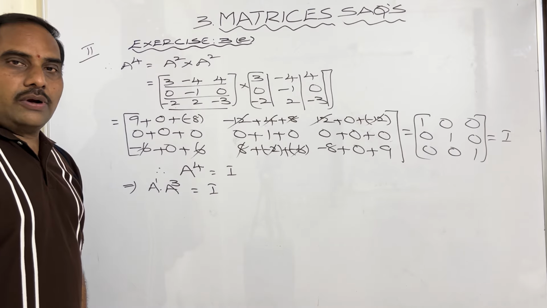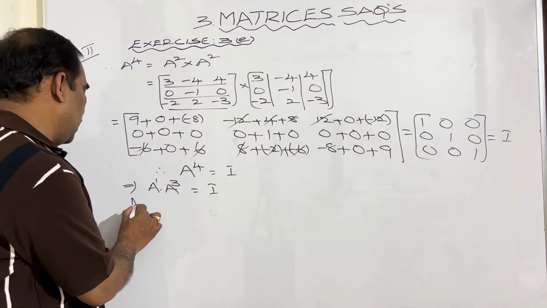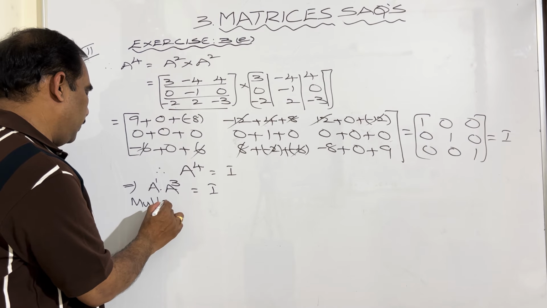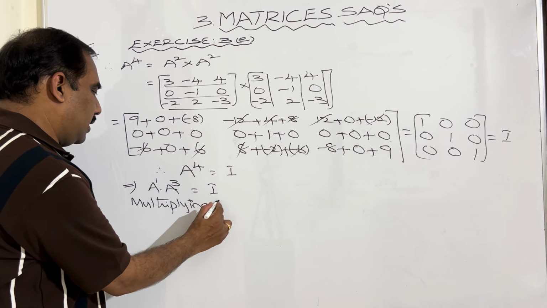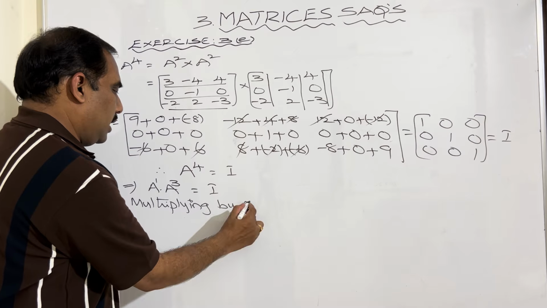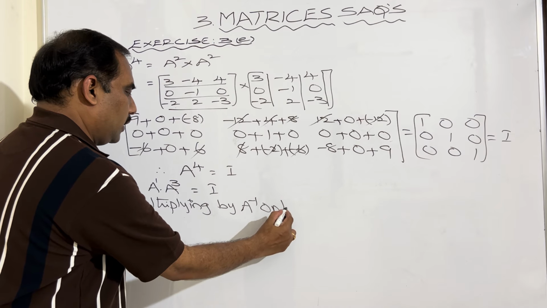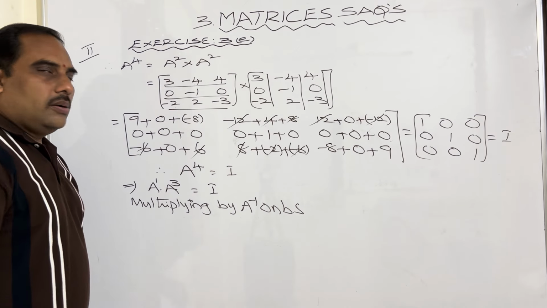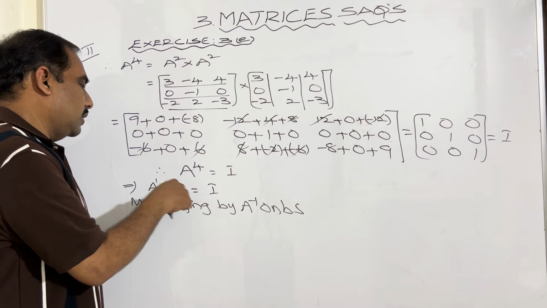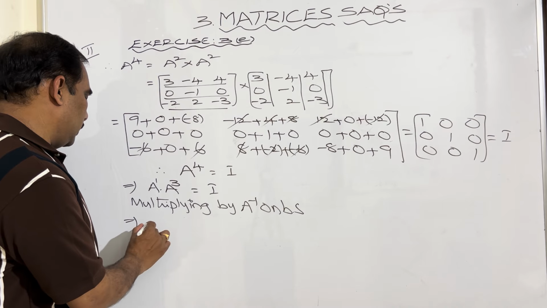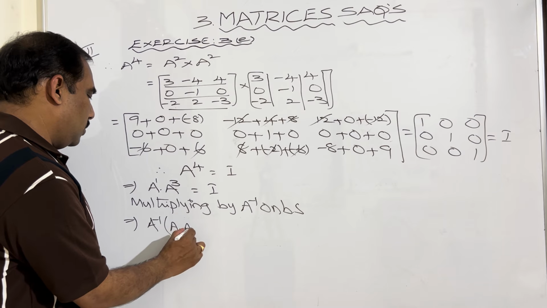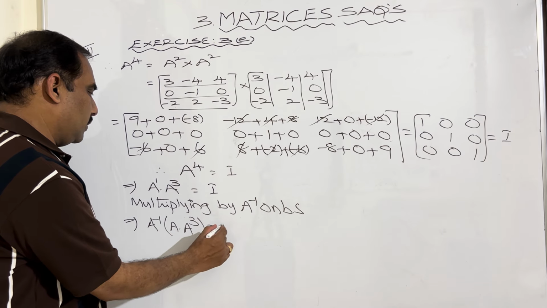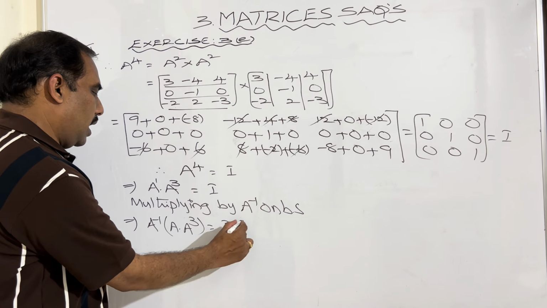Now to get the required thing, what I am doing is multiplying by A inverse on both sides. When you multiply by A inverse on both sides, the above condition becomes A inverse into A into A cube, which is equal to I into A inverse.